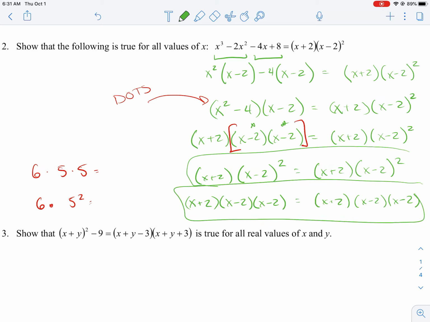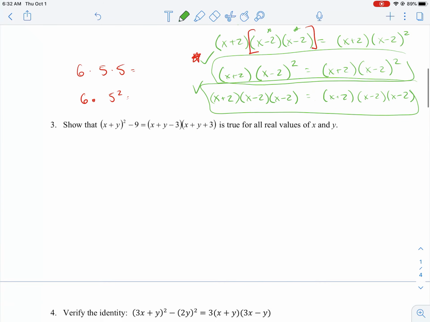Either answer is okay. We mathematicians prefer this one because it looks a little sharper. We've got fewer parentheses floating around, but I would accept both.